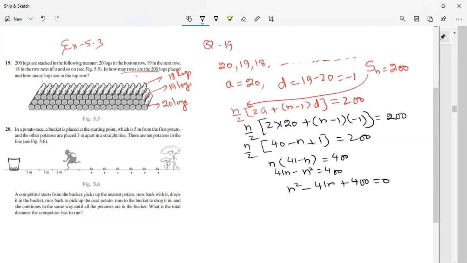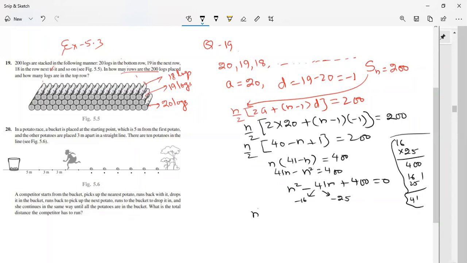Now you have to find its factors. 16 into 25 is equal to 400, and 16 plus 25 is 41. So the factors are 16 and 25. So you can split into minus 16 and minus 25.